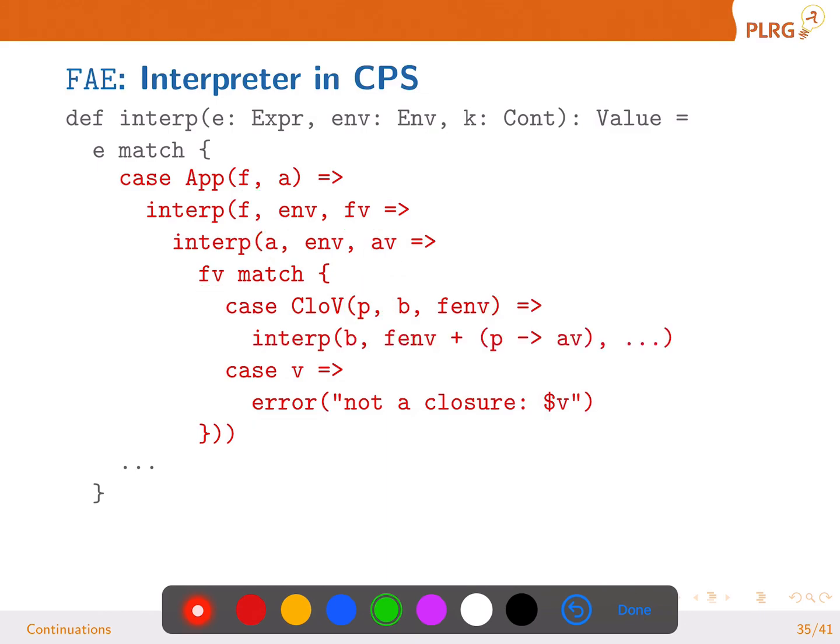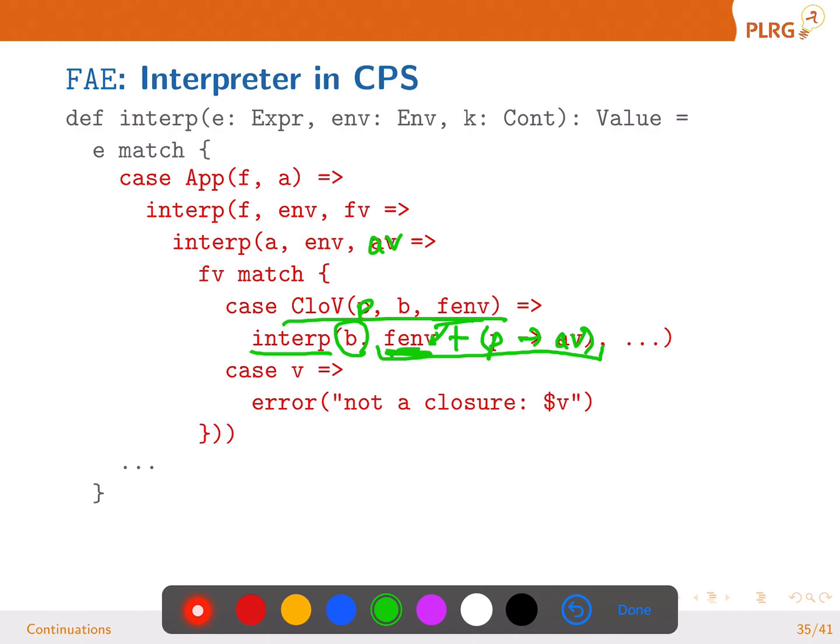So interpret the function body under this environment. Which environment? The environment when the closure V was constructed, extended with the parameter having this argument value, right?